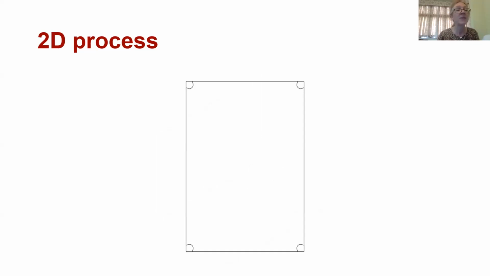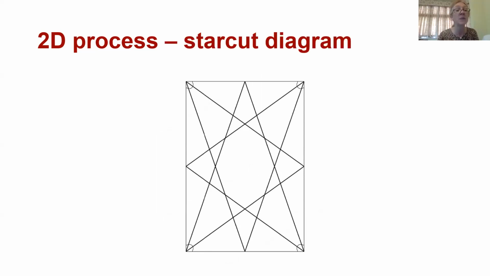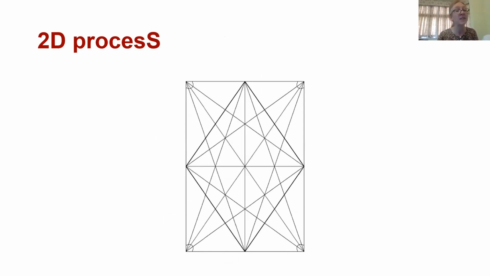The next stage was to divide the bay into quarters. This can be most readily achieved by creating chevrons across the bay. Creating chevrons in both directions creates what's been called the starcut, which our research has identified as a key design tool for medieval architects. For Nantwich, a further diamond shape is then added.